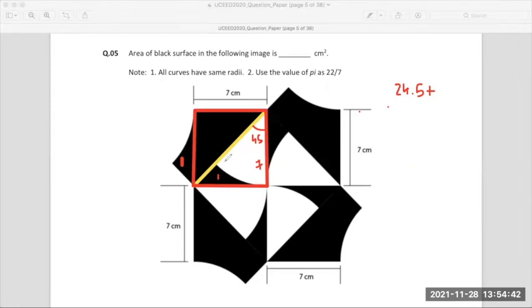It is coming out 77/4. Okay, that is how much? Do it in points. 19.25. So I'm writing 19.25 here because I don't have to calculate it yet. This white part is 19.25.